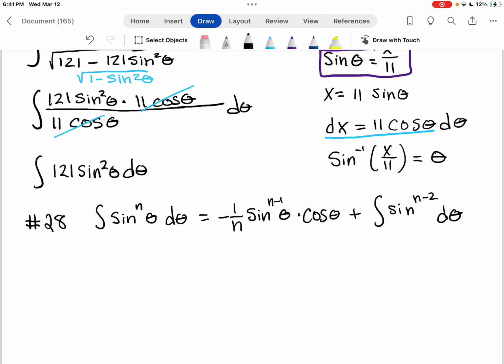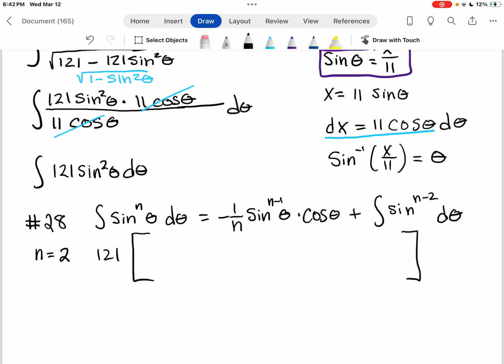Now, when we apply this formula to what we have, n is equal to 2. And I also have to make sure that I carry down that 121 in front. So I'm going to have 121, and then inside we have our brackets.